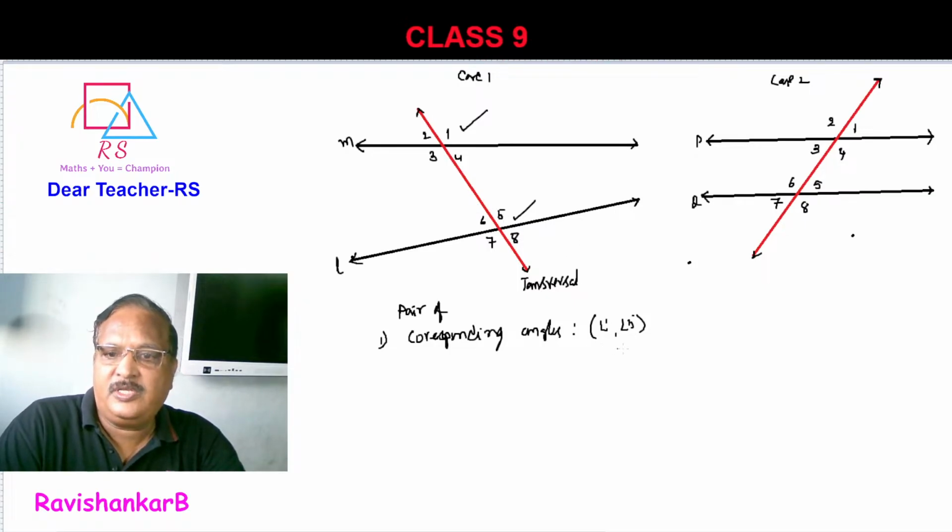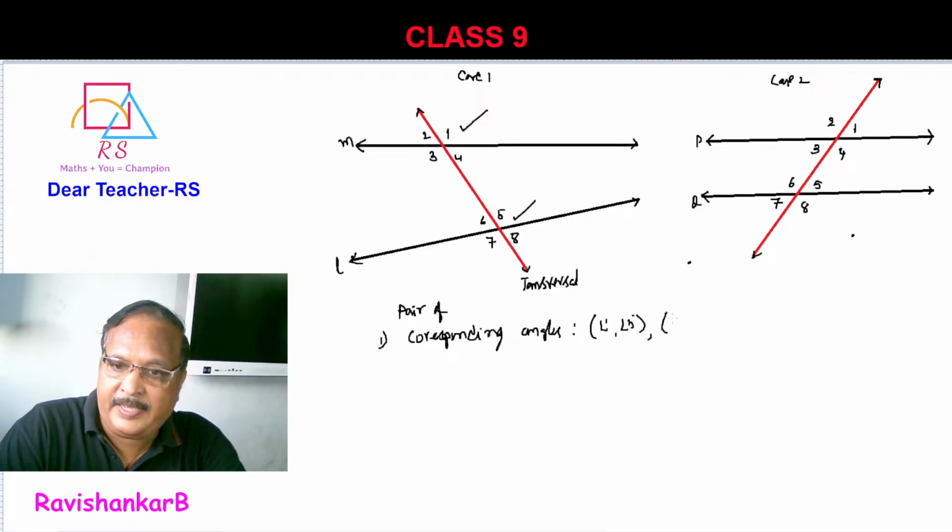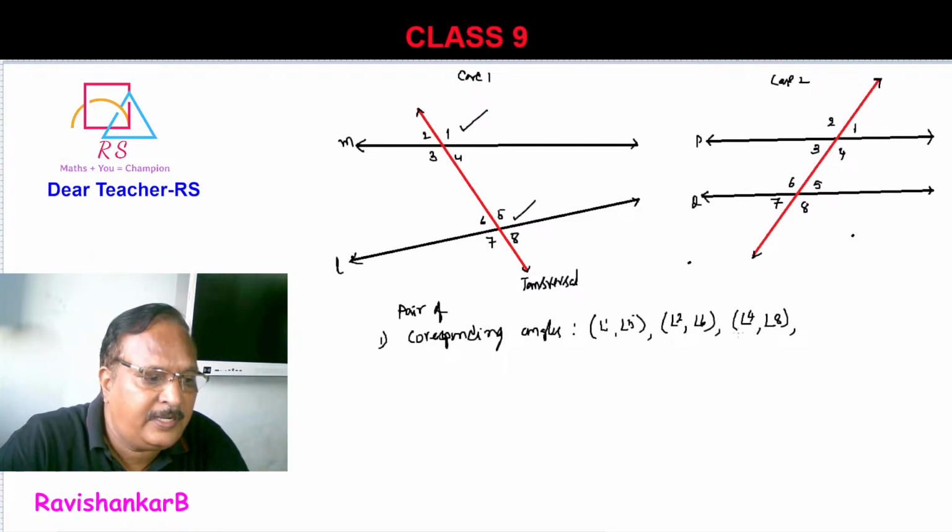Such a pair is known as a corresponding pair. Here there is one more pair, angle 2 and angle 6. This is also a pair of corresponding angles. They are above; they can be below also. Angle 4 and angle 8 also we call a pair of corresponding angles.